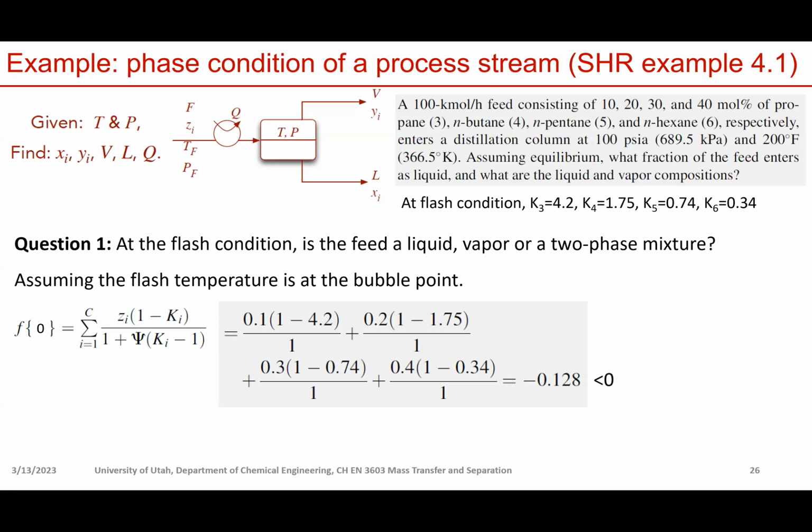If this flash temperature is at the bubble point, then we should get 0, but now it's negative. Negative means the K value is greater than the K value at the bubble point. Each term gives you a negative value, and you sum them together, that gives you a negative. So that means the flash temperature is above the bubble point.